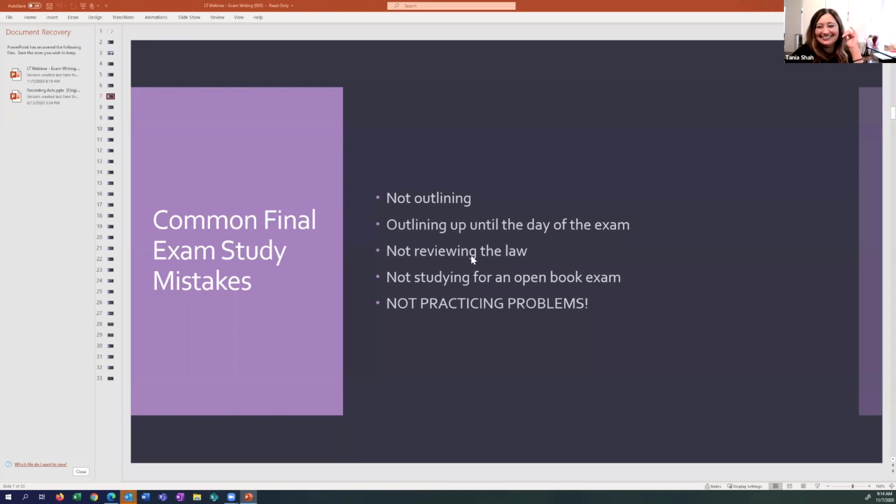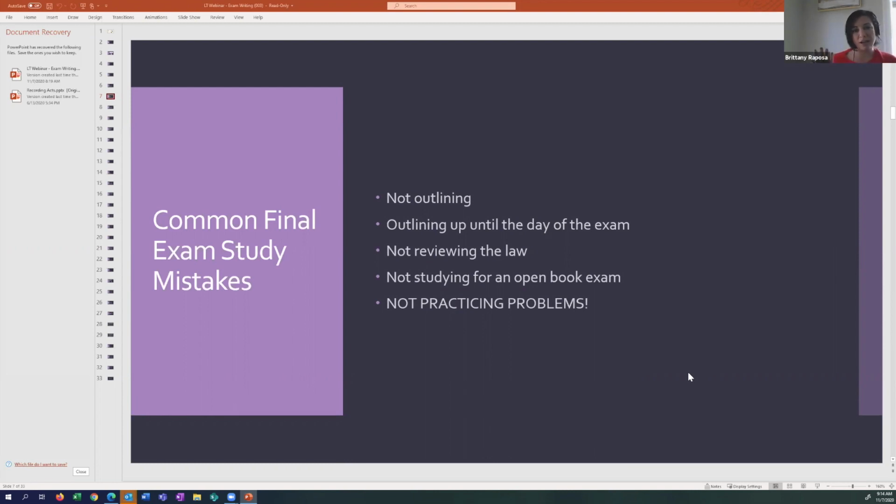Oh, no. So not outlining is definitely one of them. These mistakes are something I'm experiencing from being a professor in a law school and talking to students after taking exams and them not getting the grades that they wanted. And then when we debrief, these are the common things that come up. So not outlining at all.